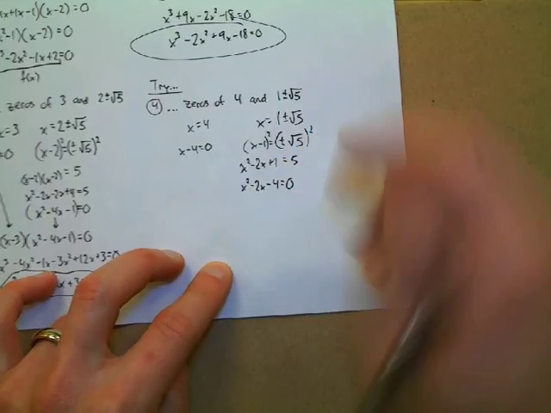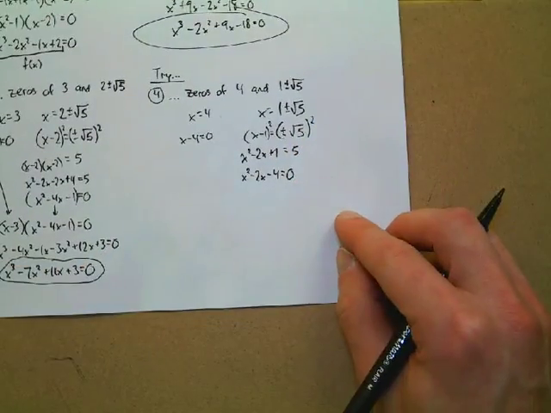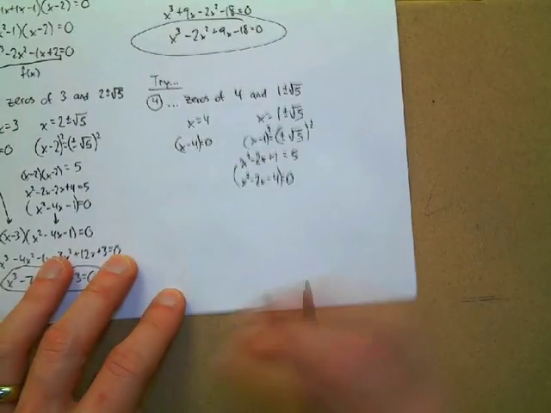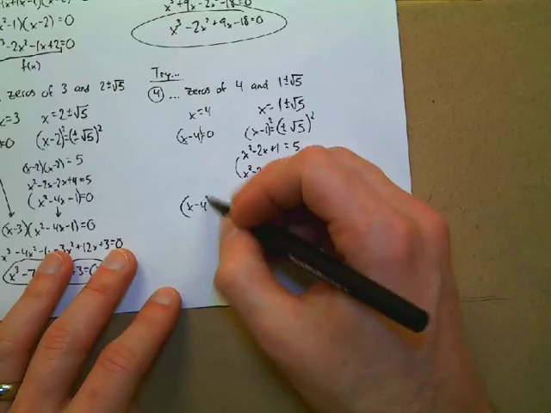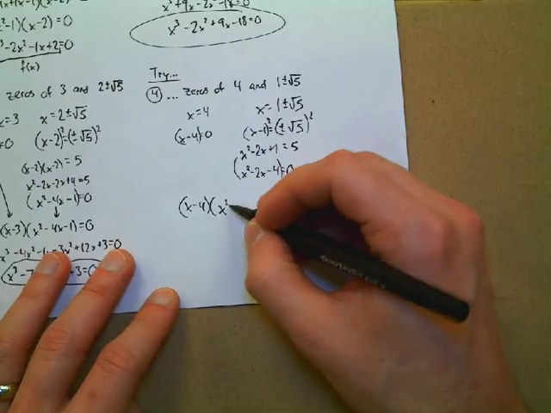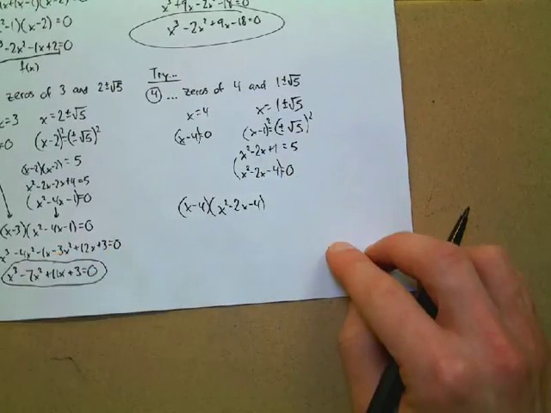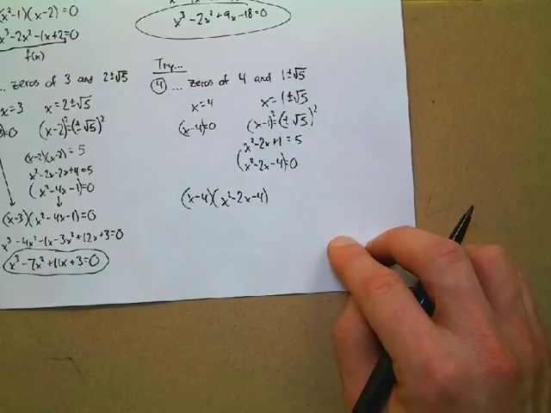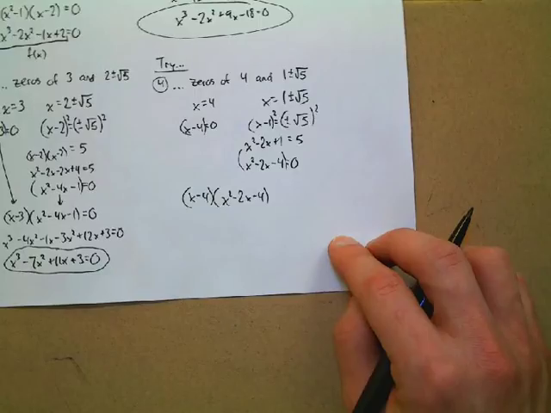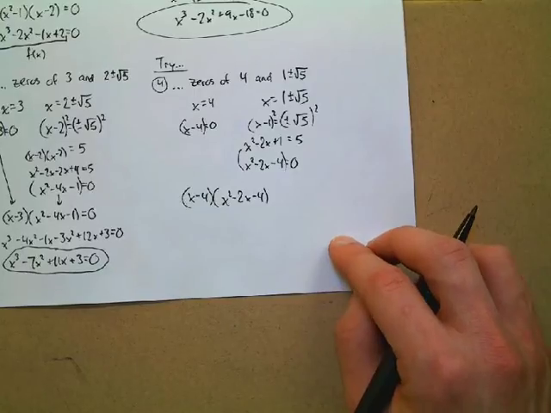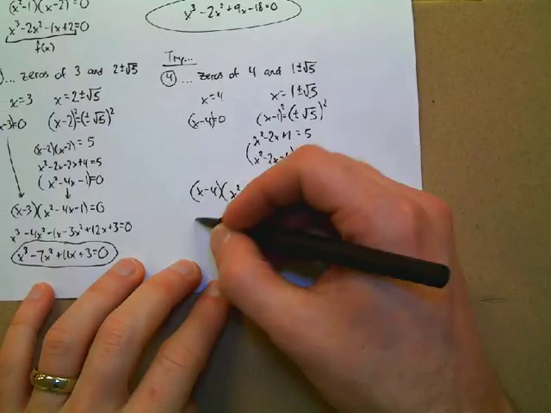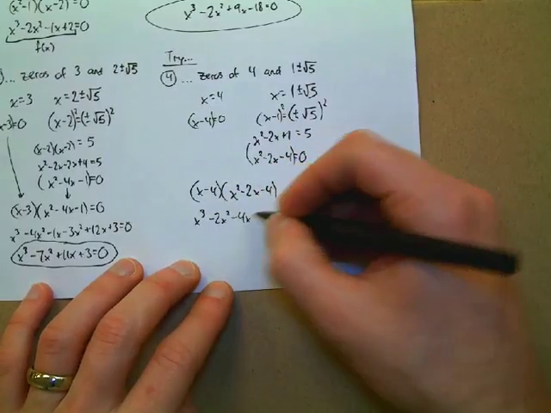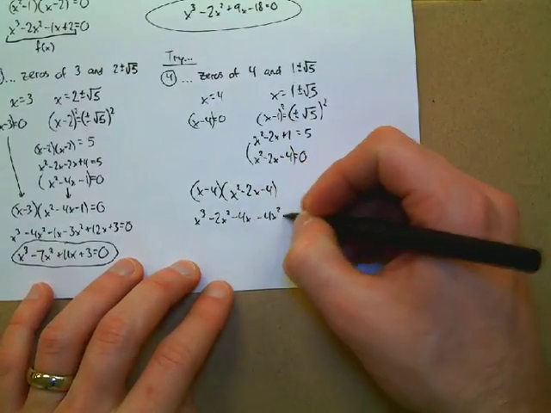These are a lot of work, but they're nice because you don't have to guess and check. There's no guessing involved. You already have the zeros, and you're then going to make a polynomial from that. So we multiply these out here, and we get x cubed minus 6x squared plus 4x plus 16.